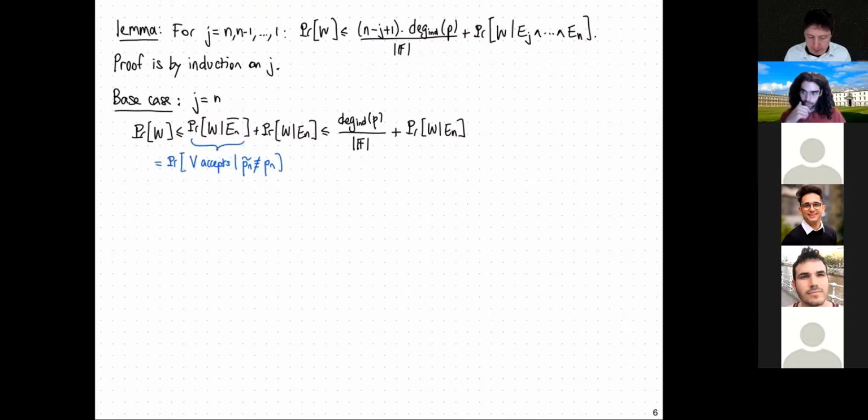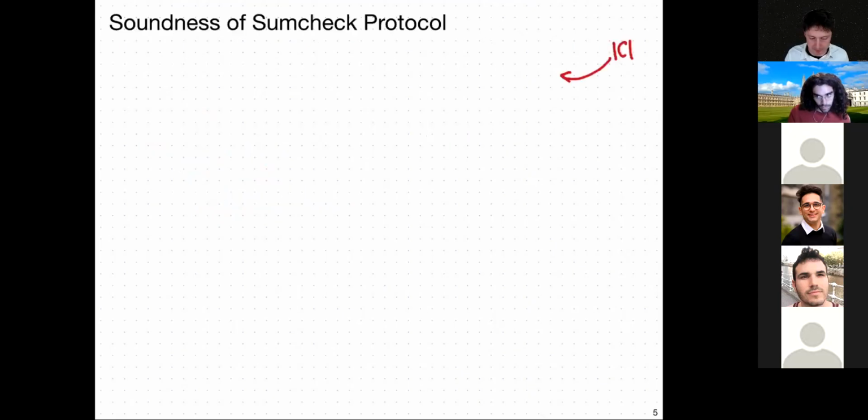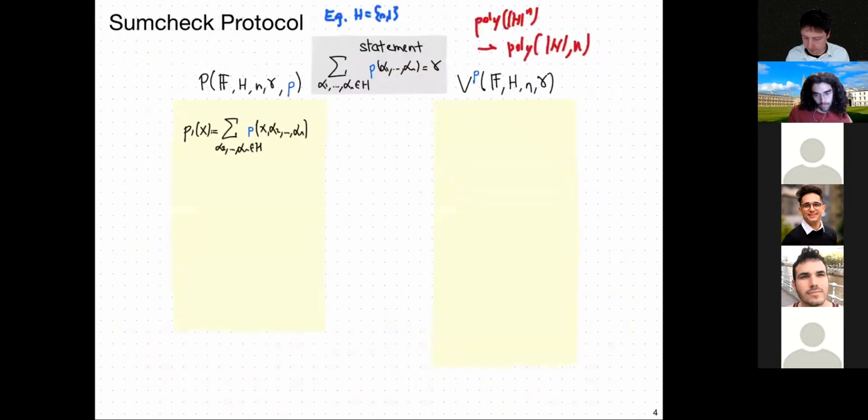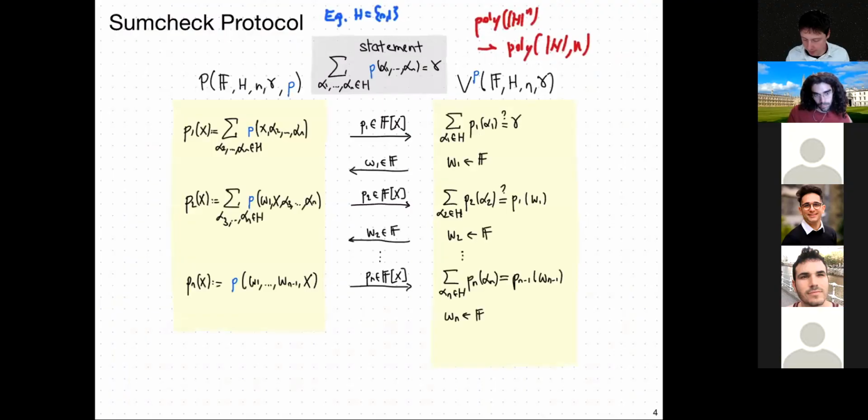Now, this is saying that the probability the verifier accepts sending the incorrect partial sum, right? So let's start opening it up. If the verifier accepts, it means that the last check did go through, right? Let's go back to the Sumcheck protocol to see what happens at the very end.